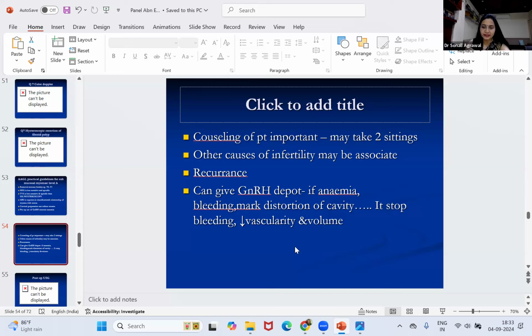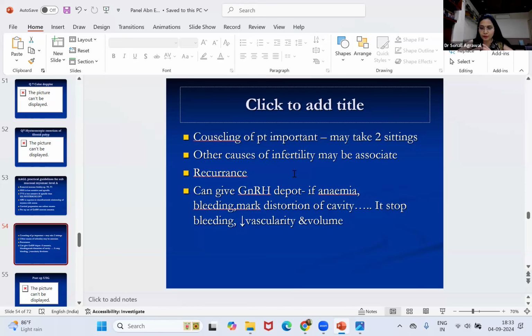Exactly. As she was bleeding very much, we gave a GnRH depot to stop her bleeding, and we improved her hemoglobin. Then we took her in. It may sometimes require 2 sittings because lots of fluid is going inside. If there is a fluid imbalance, then we have to stop the procedure and ask her to come next time.